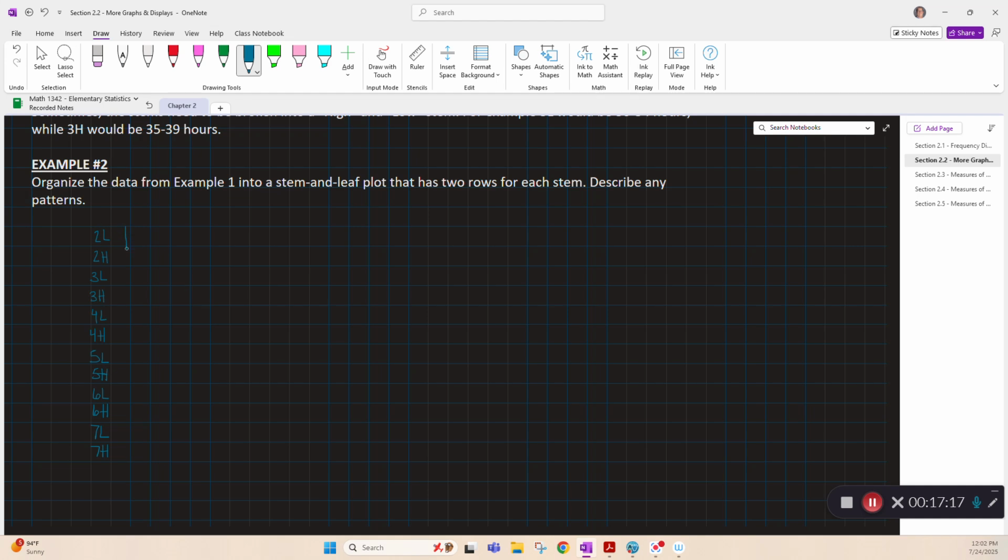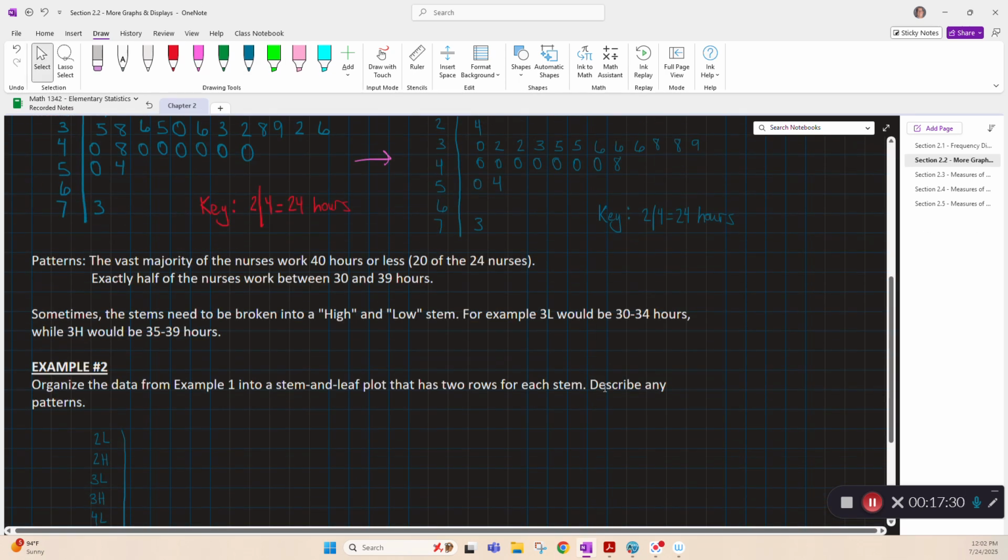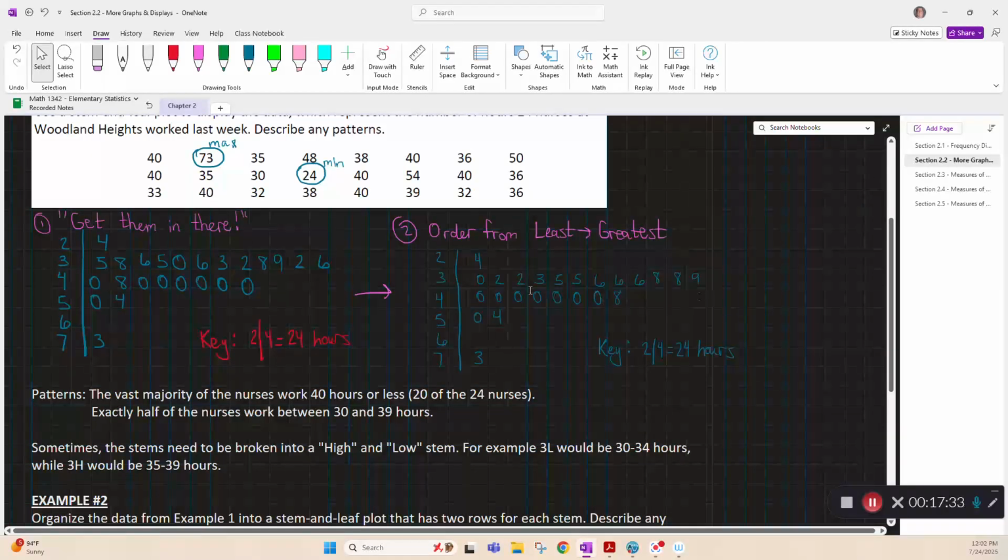Why do I need to break these up? Well, that was a good line. If I look at the data from the original stem and leaf plot, when I'm getting around the 30s and 40s, those just dwarf everything else. Like the 2, the 5, and the 7, those stems only have 2 observations, but the 3 and the 4 have 12 in one case and 8 in another case.